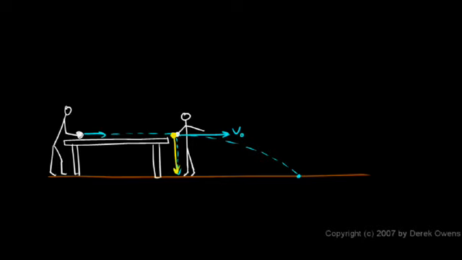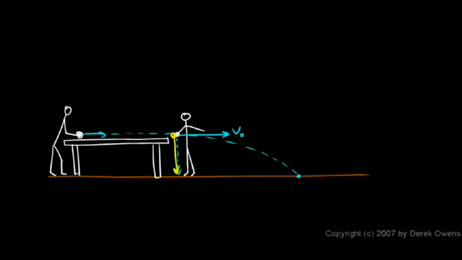You could send this one flying really fast or just very slowly, but the horizontal speed won't affect the time that it takes to fall this vertical distance to the floor. And the one that is released with no horizontal velocity will fall at the same time. So you could see this like this.